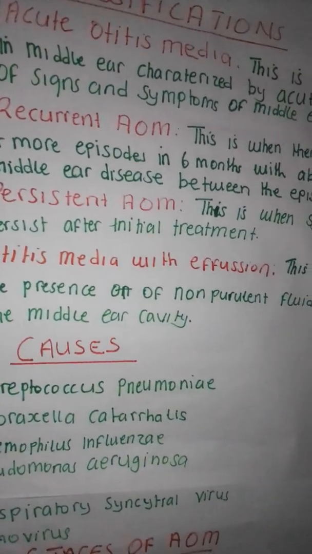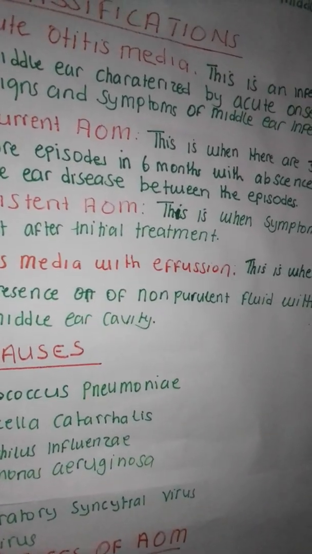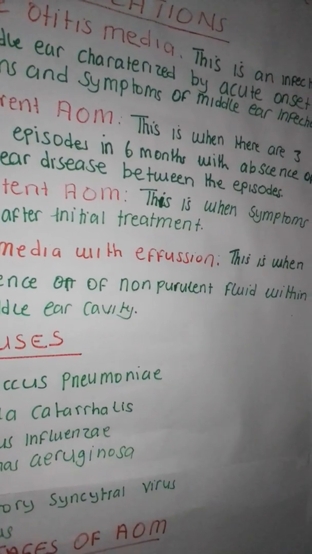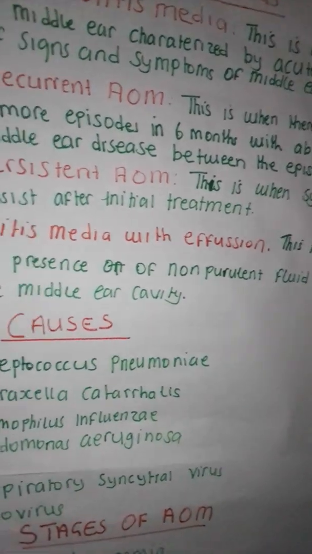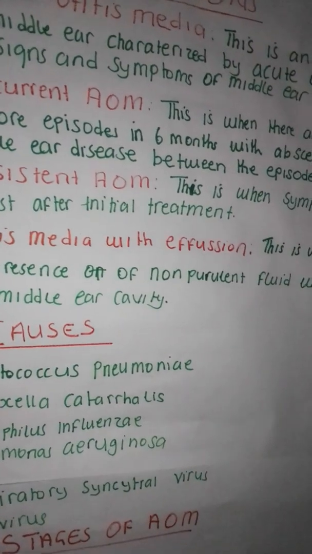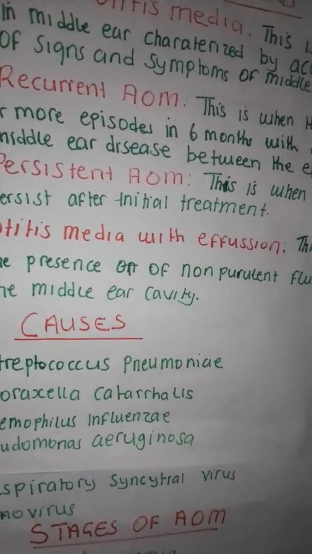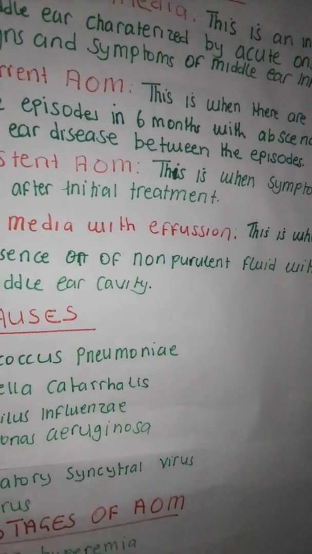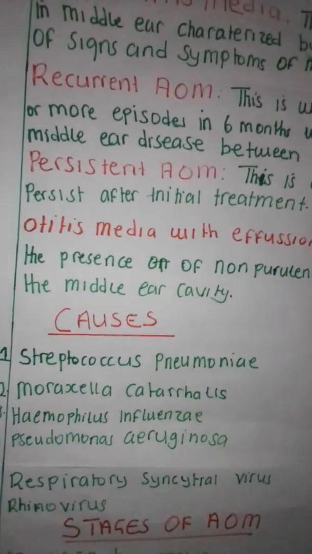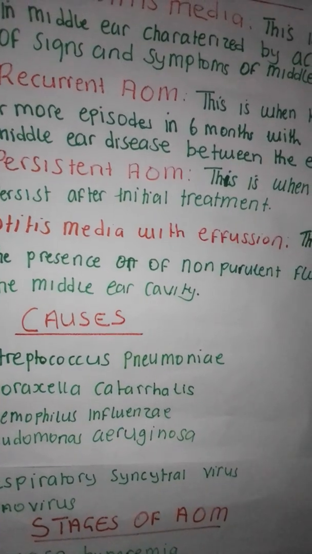Then you have recurrent acute otitis media, when there are 3 or more episodes in 6 months with the absence of middle ear disease between the episodes.